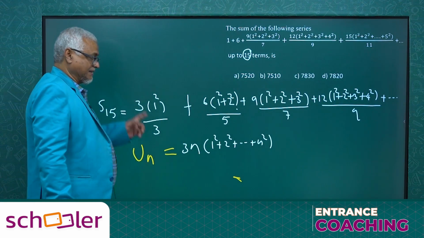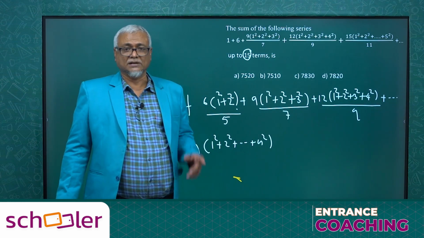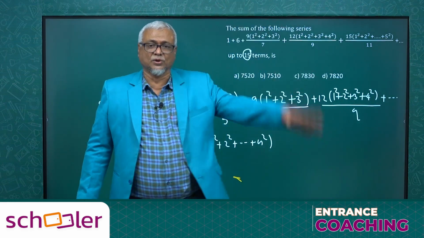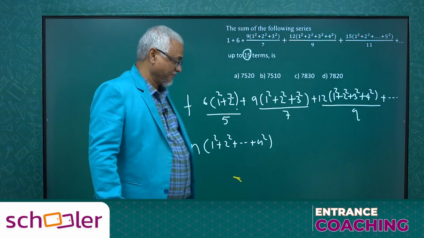In the first term, we have 1 square. In the second term, 1 square plus 2 square. In the third term, 1 square plus 2 square plus 3 square. So in the nth term, there should be 1 square plus 2 square plus etc. plus n square.